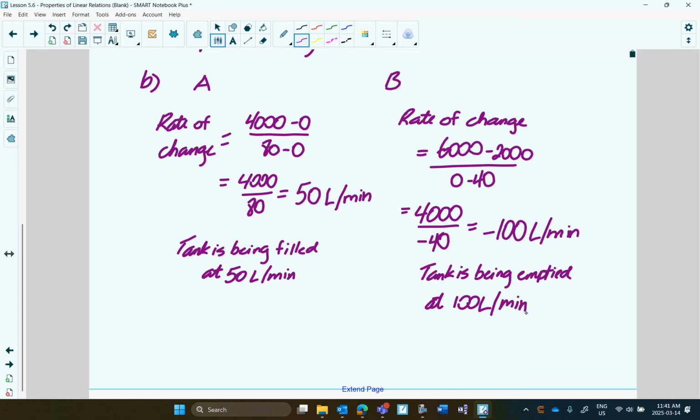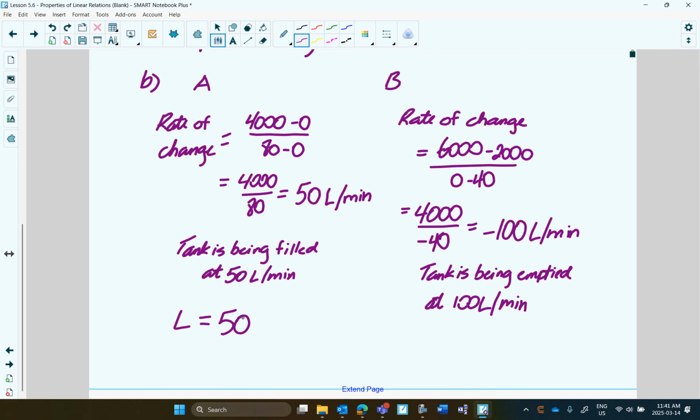I know this isn't part of the question, but I would like to find the equation for A, just so we're comfortable with how to find equations. Remember, it's dependent variable equals rate of change times independent variable, whatever the letter is, plus the initial amount. What's the letter used for the dependent variable? Look at the graph.